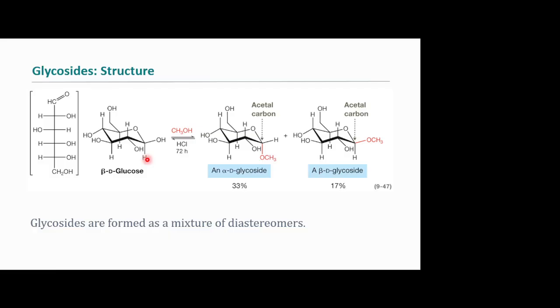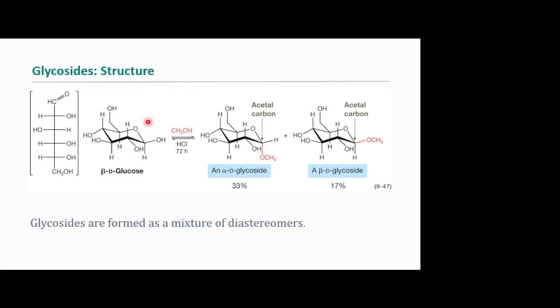And so we had actually somewhat practiced this. And so what you're actually seeing is this is forming that hemiacetal here. And those glycosides are going to be formed as a mixture of diastereomers. And it's going to depend on which side this is. We're going to replace this with a methoxy instead so we can see this easier. Okay. So instead of the OH, we're going to put a methoxy here just so we can see it a little easier.